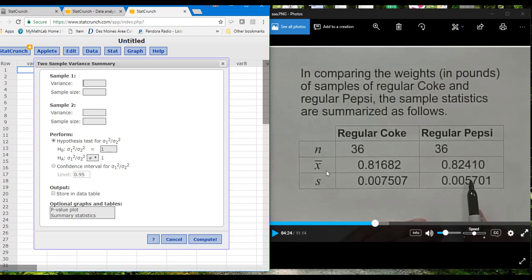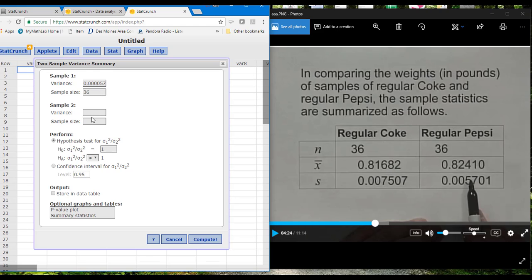Remember that StatCrunch does the variance, so we need to take our sample standard deviation and square it to get the variance, and this is a teeny weeny little number, 0.1234. 0.5732 will go out to 4 significant digits, and the sample size was 36.